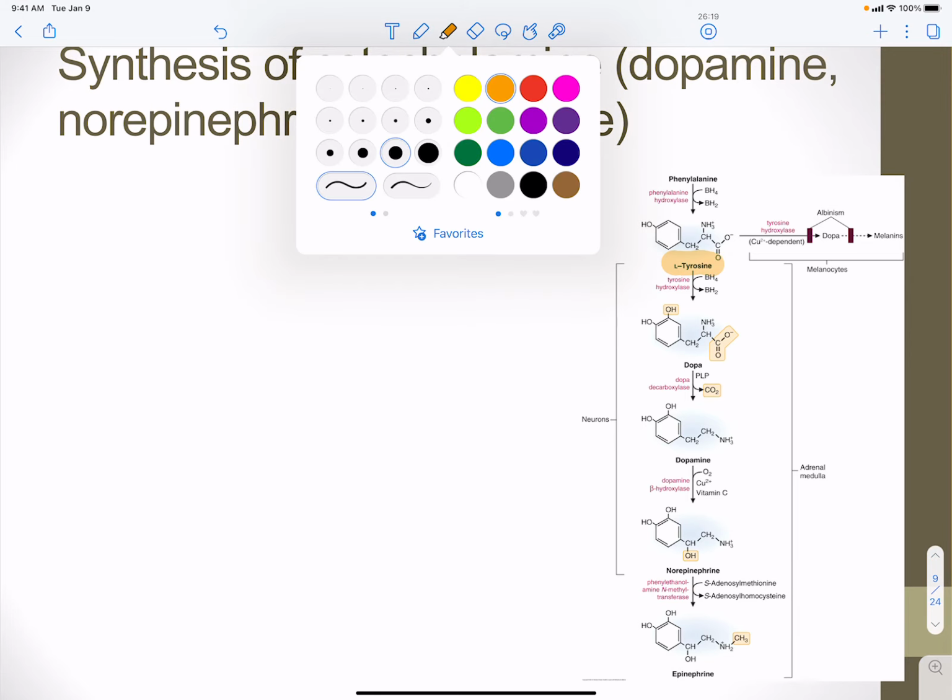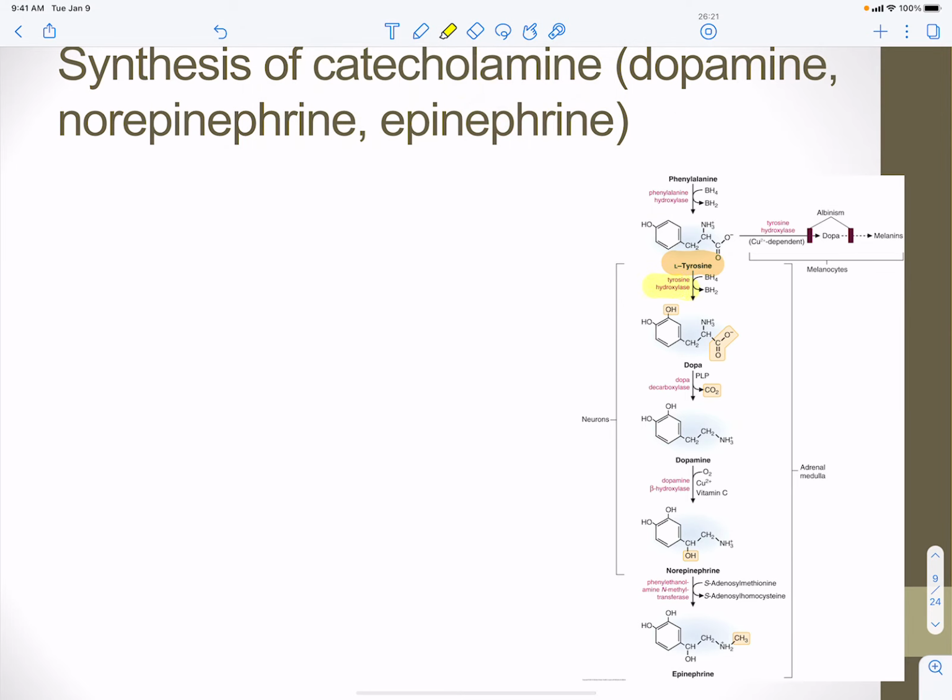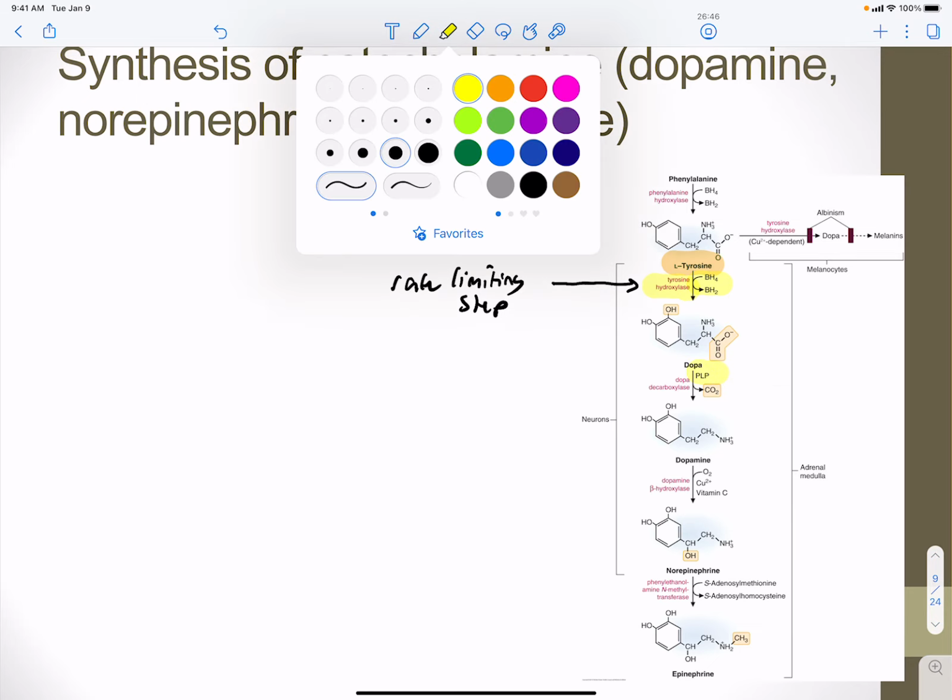And this uses tetrahydrobiopterin, as we know. And then the second step requires pyridoxal phosphate. And then you're going to get, of course, dopamine.